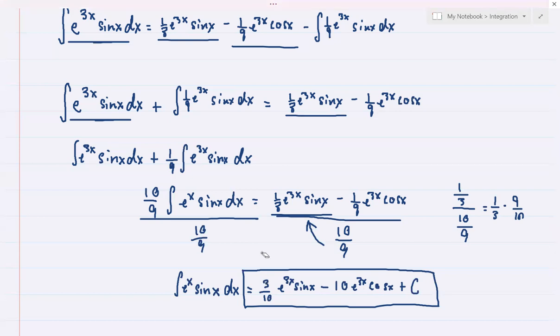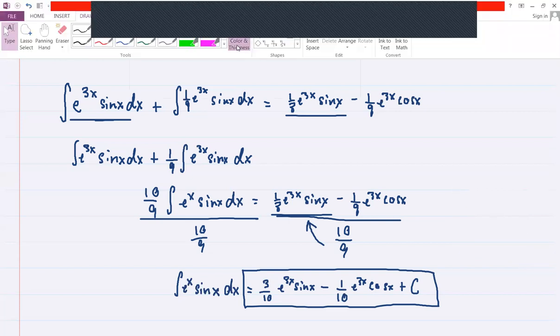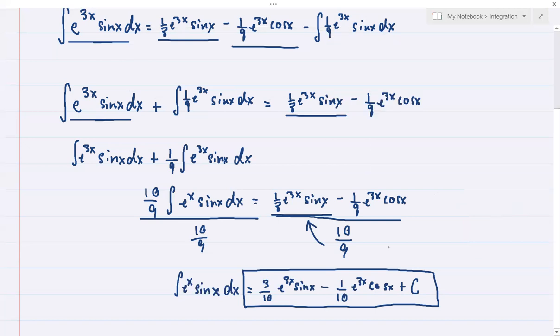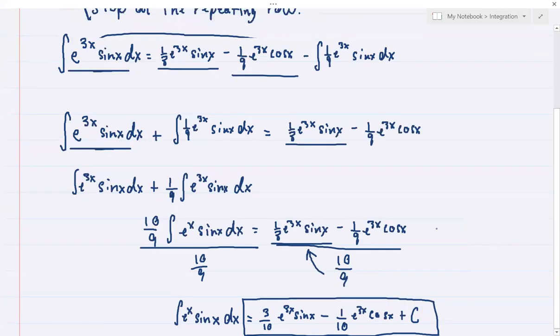Then for this one, I will have 1 all over 10. There we go. That is basically your answer here. Forgive me if I had mistakes.